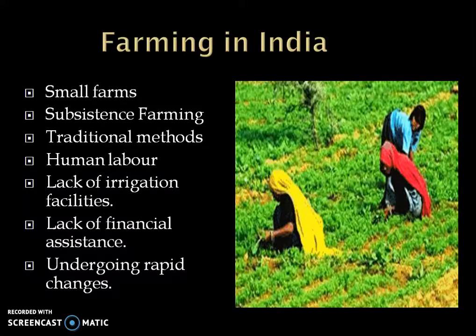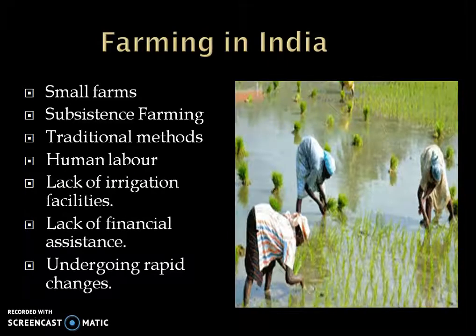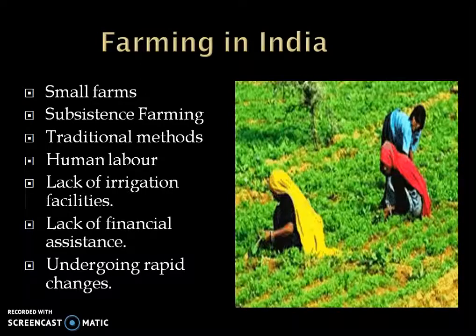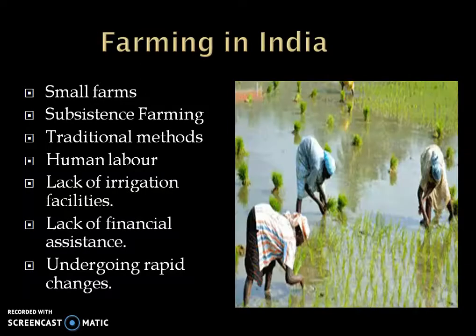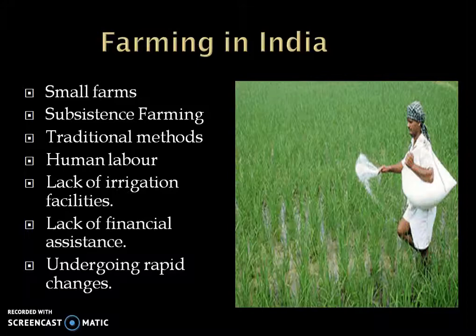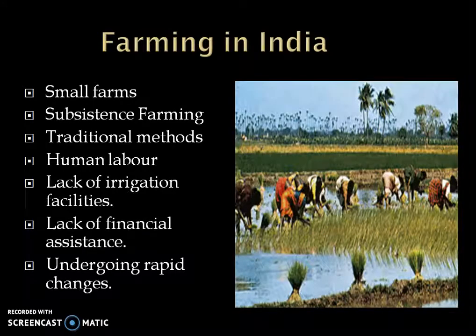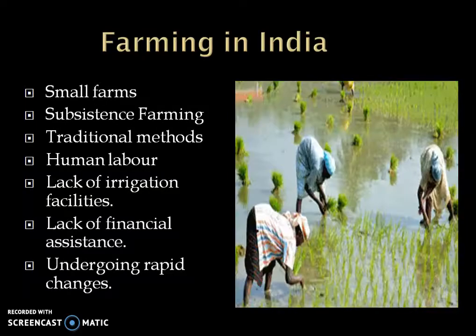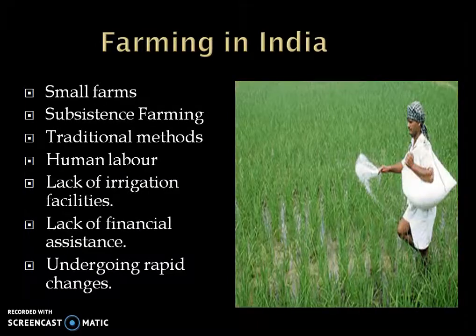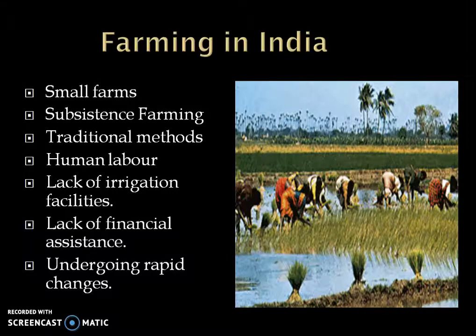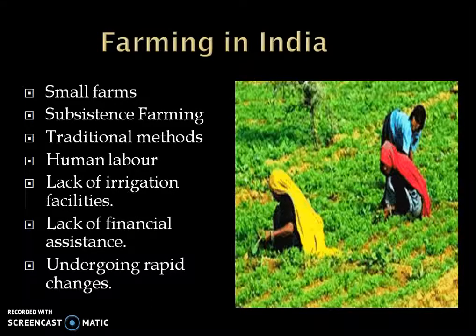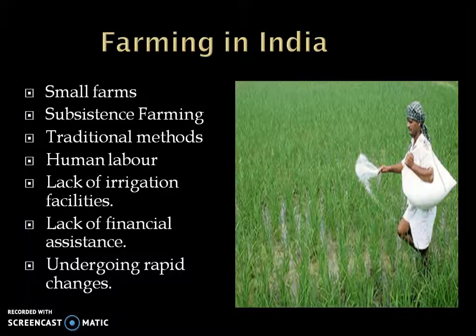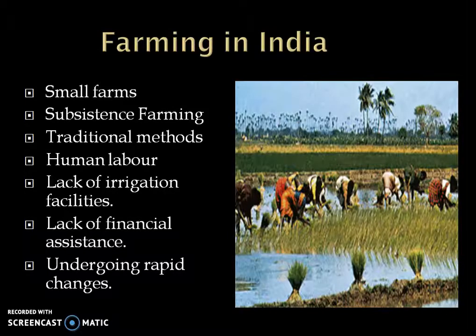Third, traditional methods. Farmers are often poor and illiterate. They still follow traditional methods of farming. They are not well acquainted with the modern farming methods. Fourth, human labor. Most of the farming activities are done by human labor, not by machines. Next, lack of irrigation.